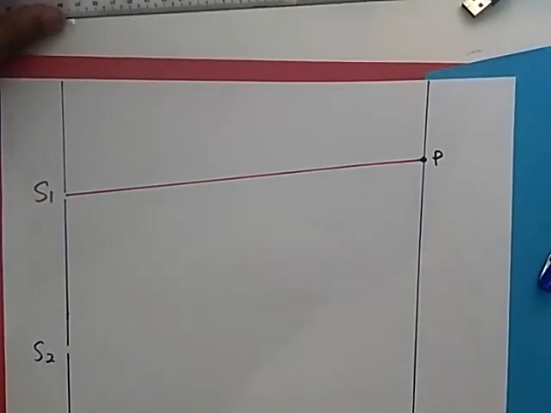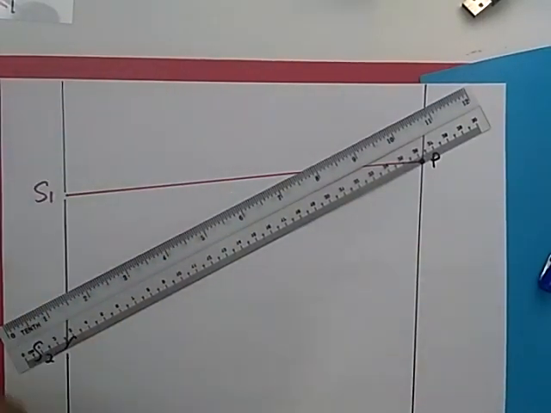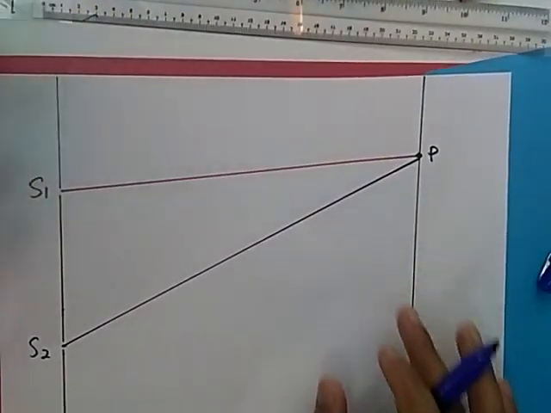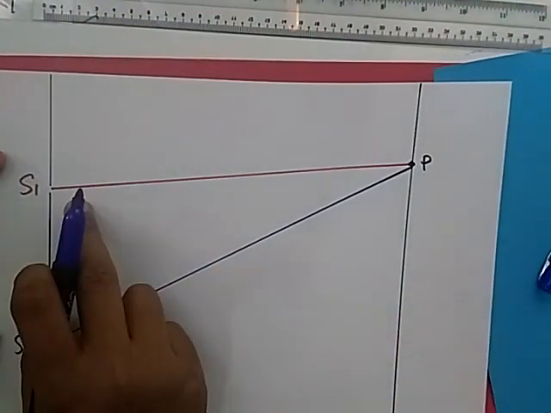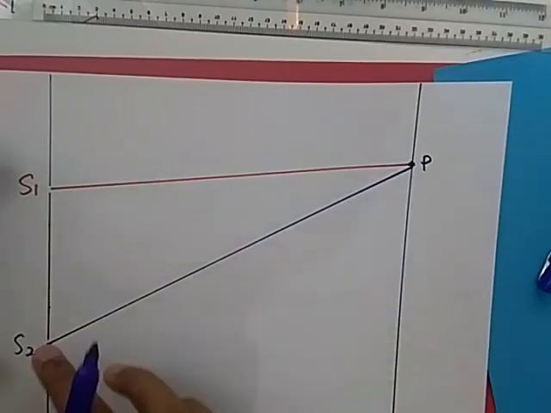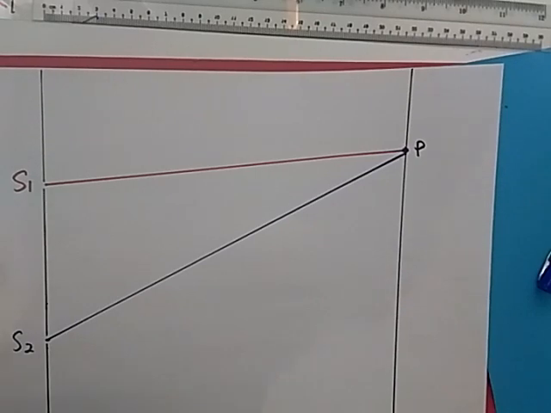Manakala untuk S2 sampai ke point P, dia travel on this path. So visually kita boleh nampak bahawa S1 travel less than S2. So S2 needs to travel more to reach the same point P.